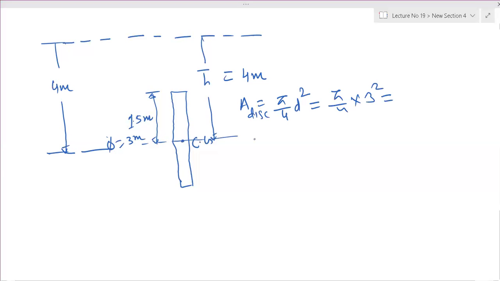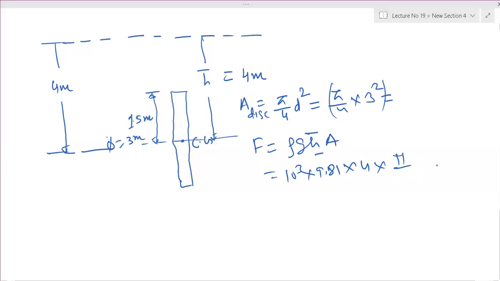So first, force, as in the vertical surface case, is rho g H bar A. So rho is this much, 1000 into 9.81 into H bar. H bar is 4, and area is pi by 4 into diameter square. You can calculate this force.